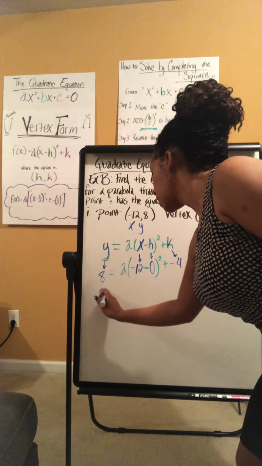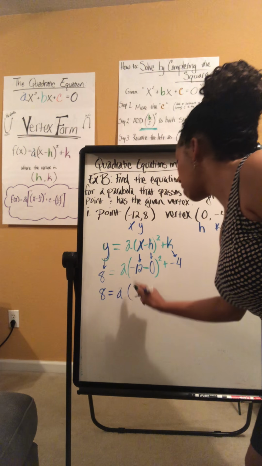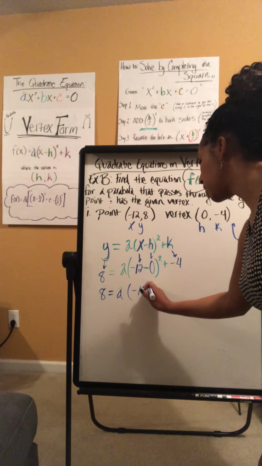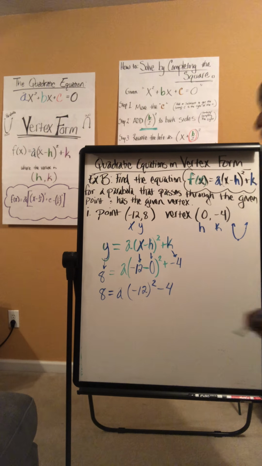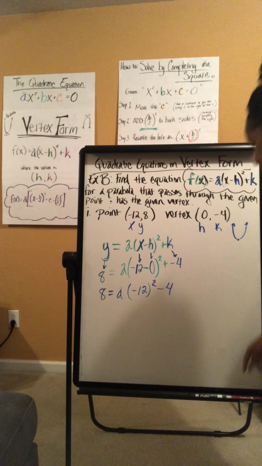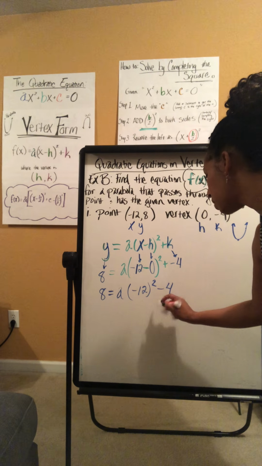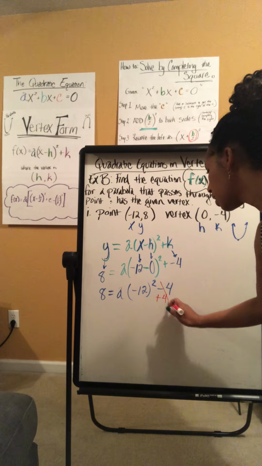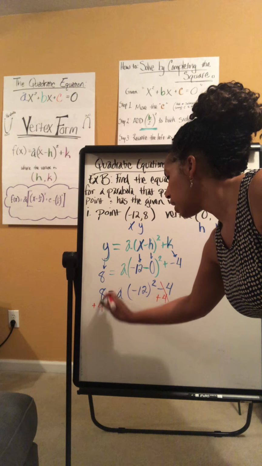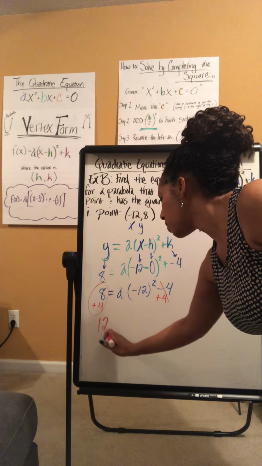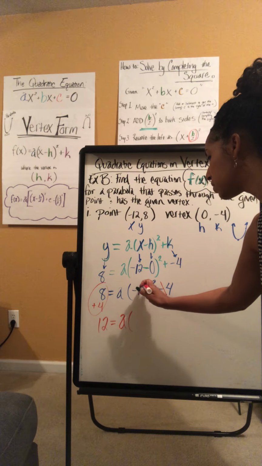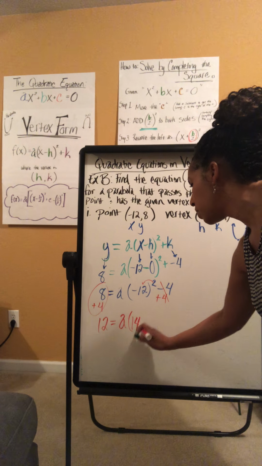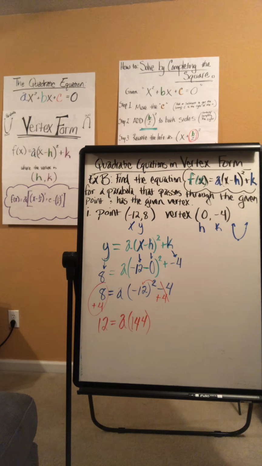So I'll just simplify this. So 8 equals a times -12 minus 0, which is going to be -12 squared, and that'll just be a -4. All right, I'm trying to solve for a, so let's add the 4. 8 plus 4 gives me 12, so I have 12 equals a times, and -12 squared is going to be a positive 144.